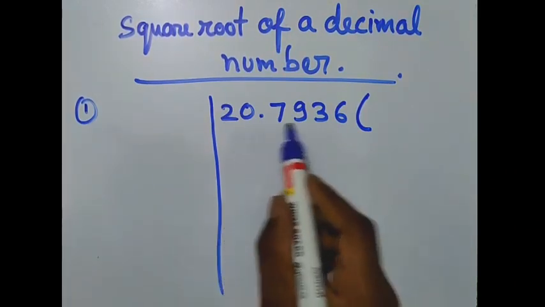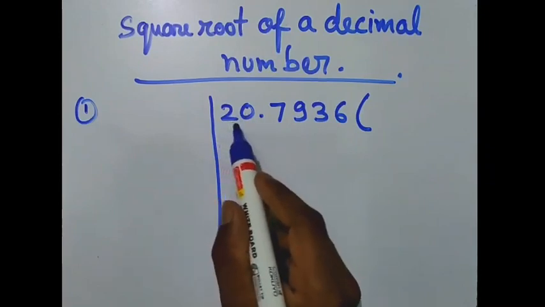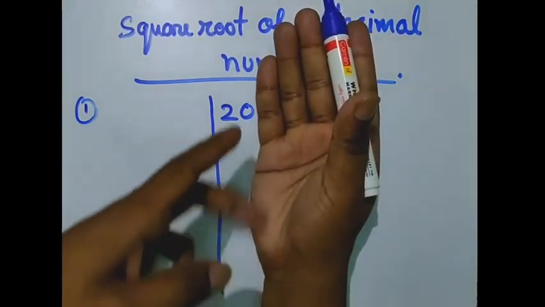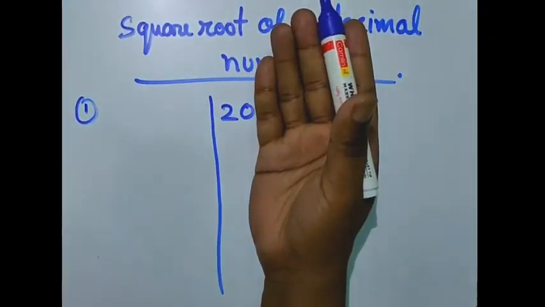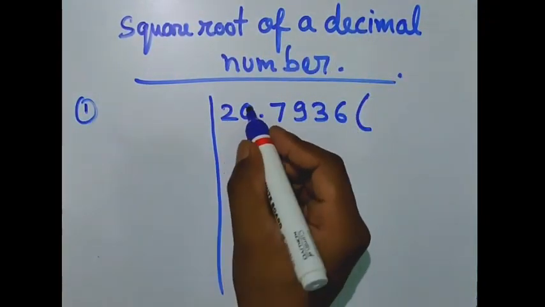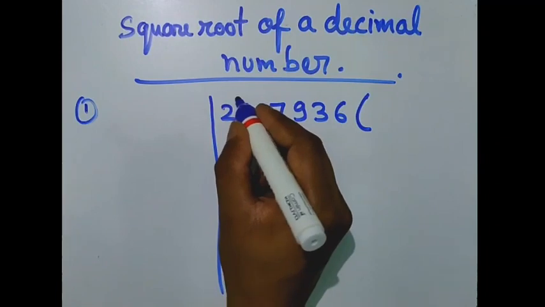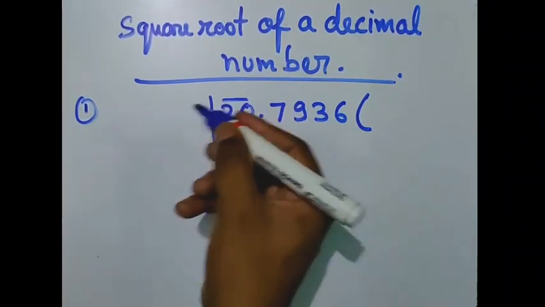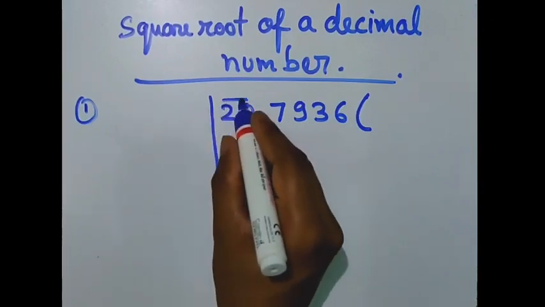Now in the decimal number, we have an integral part and the decimal part. So the number earlier we took was for the integral part. Now what you're going to do, so integral part you will pair from the right to left. So we'll start pairing. So we have no more number this side, so we'll just pair and leave it.